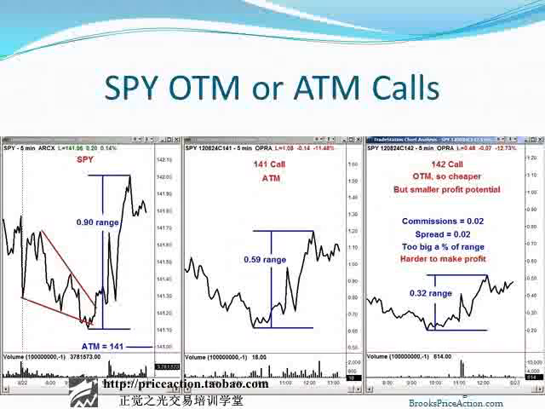And if your commissions are a penny in and a penny out, and the spread is a penny in and a penny out, that means your overhead is 4 cents. And when your range is 32 cents and you have 4 cents built-in overhead, it's very hard to make much of a profit, because you're not going to be buying the low tick, you're not going to be selling the high tick.